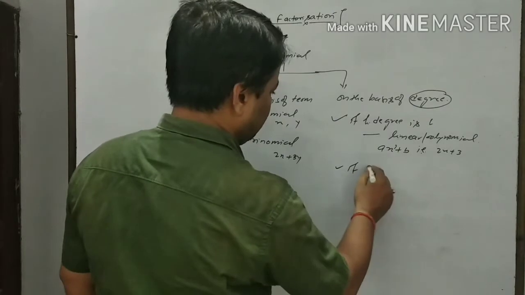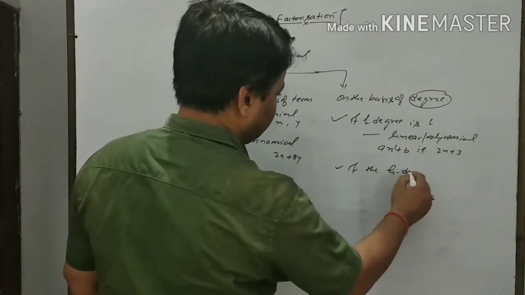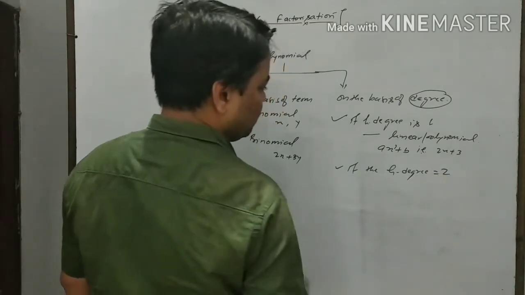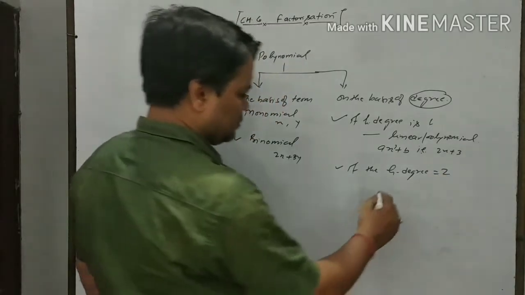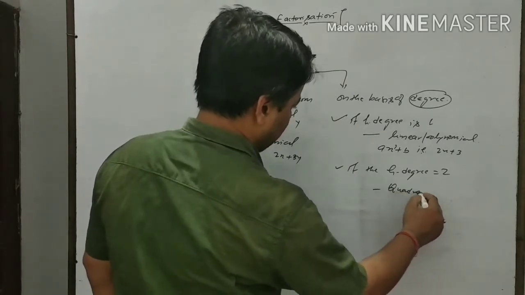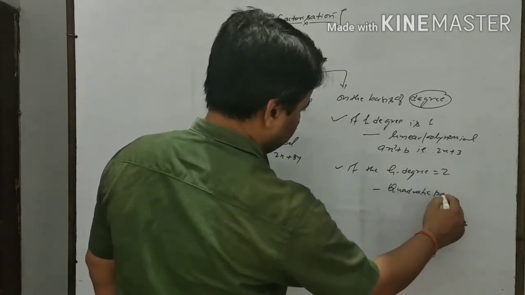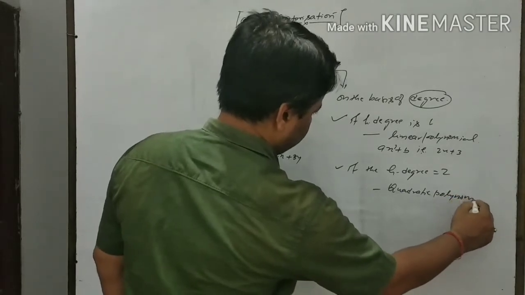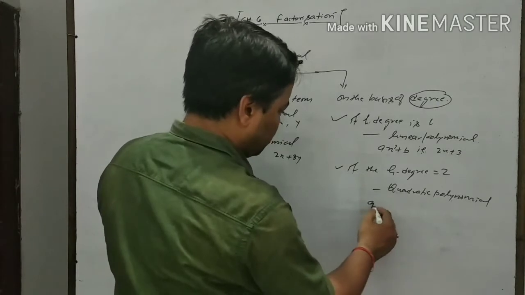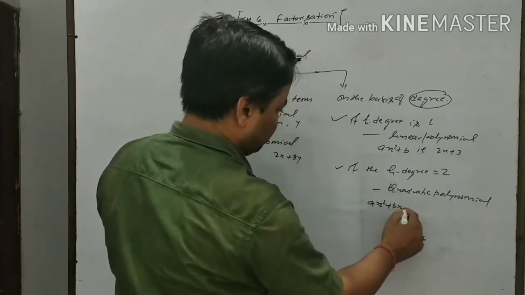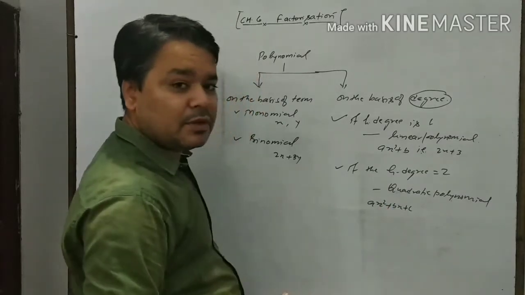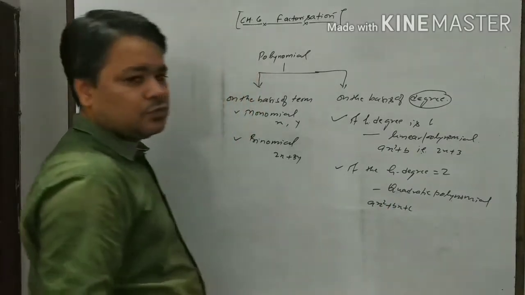Similarly, if the highest degree is equal to 2, then it will be a quadratic polynomial. The standard form of the quadratic polynomial is ax squared plus bx plus c, where a, b, c are real numbers and a is not equal to 0.